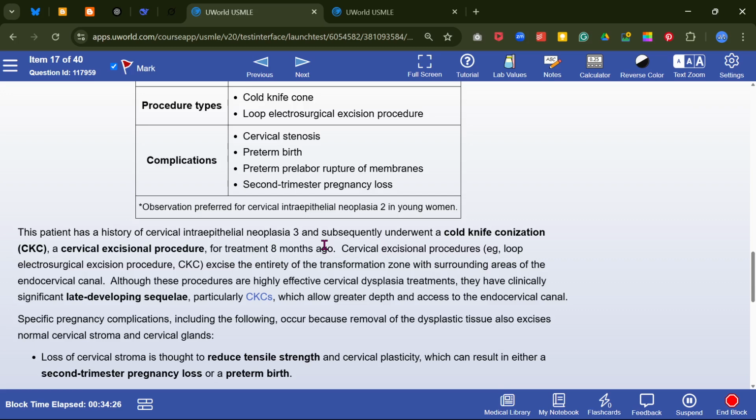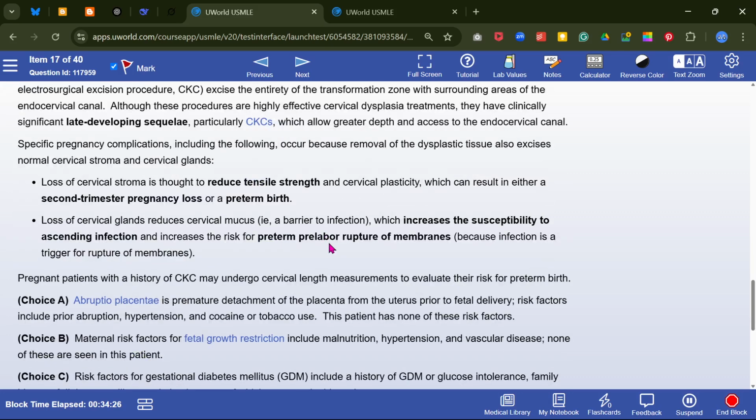Specific pregnancy complications occur because removal of the dysplastic tissue also excises normal cervical stroma. Loss of cervical stroma is thought to reduce tensile strength and cervical plasticity, which can result in either second trimester pregnancy loss or preterm birth.